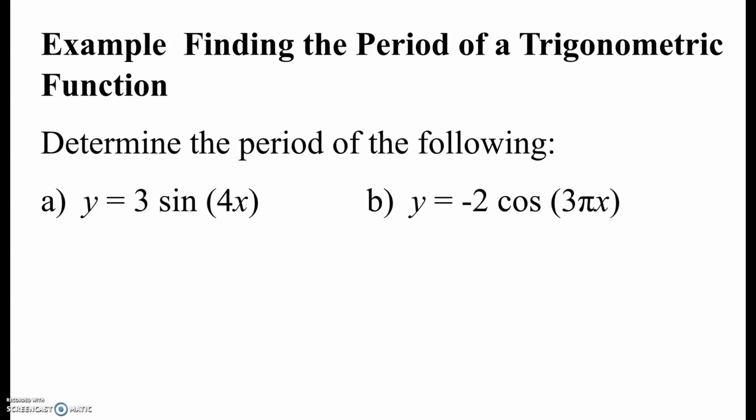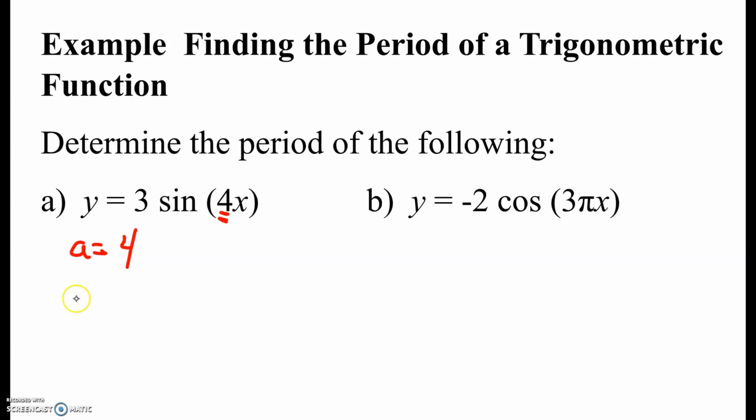So to find the period, we need to first determine what our value for a is, and that is going to be whatever is multiplied by x. So in this first equation, our value for a is 4.